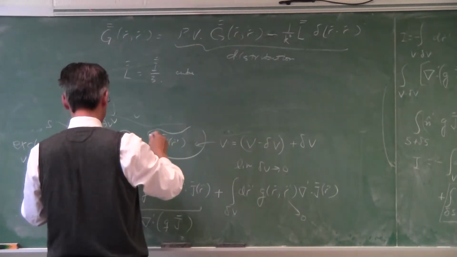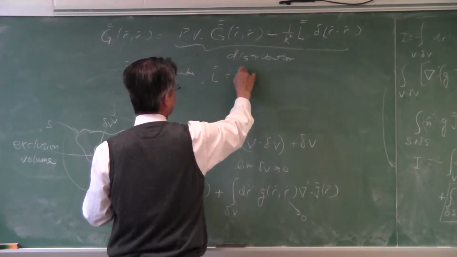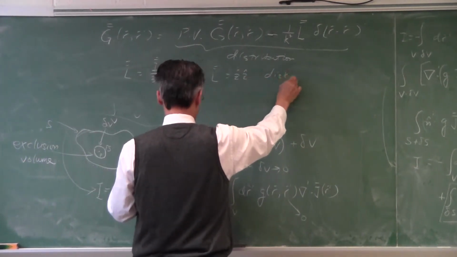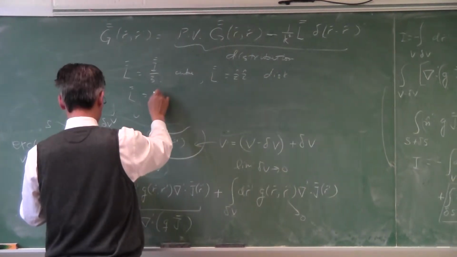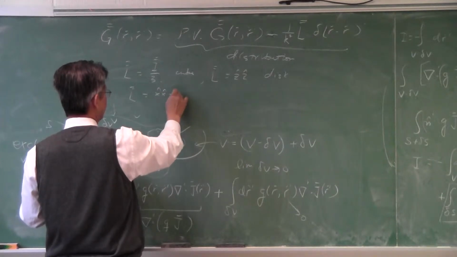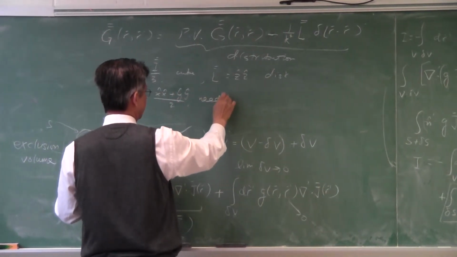If you use the exclusion volume to be a cube, L is equal to z hat for a disk, and L is equal to (x hat plus y hat) over 2 for a needle shaped thing.